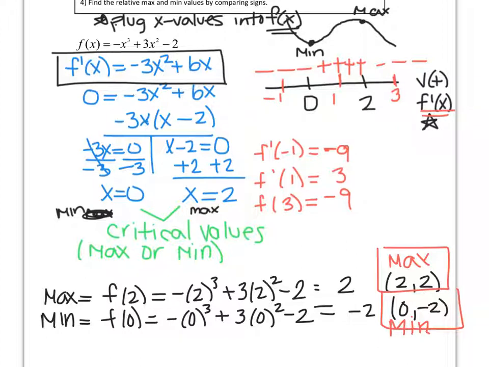I'm testing numbers in between, and I'm seeing if they're positive or negative. If it's negative, the graph is going down. If it's positive, the graph is going up. And then if it's negative, it's going back down. So we can clearly see that the minimum is at 0 and the maximum is at 2. So all I had to do was plug in those x values into the original function to find the actual max and min values.